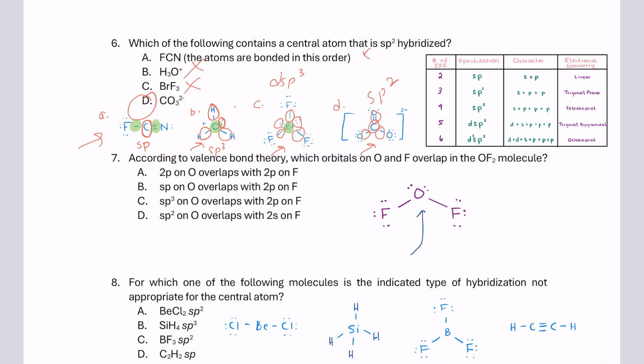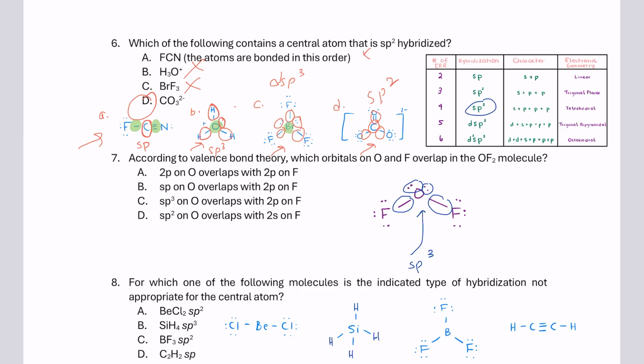Since oxygen is bonded to 2 fluorine atoms and it has 2 lone pairs, that gives it a total of 4 regions of electron density. This means that the oxygen atom is going to be sp3 hybridized because 4 electron domains correspond to sp3 hybridization.